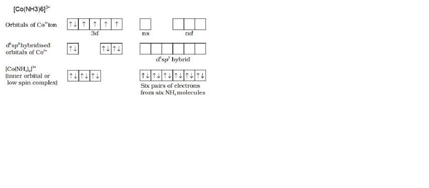The 6 pairs of electrons, one from each ammonia molecule, occupy the 6 hybrid orbitals.